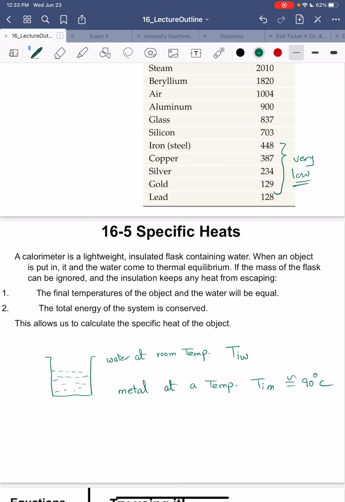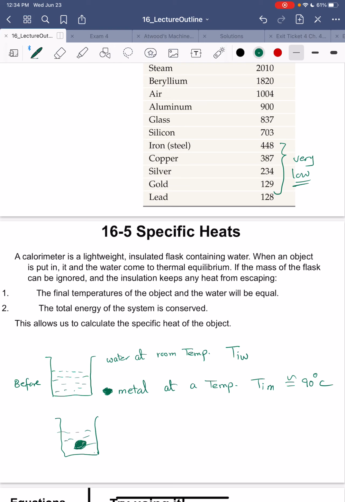This is before, and then after, you are going to add the object here.